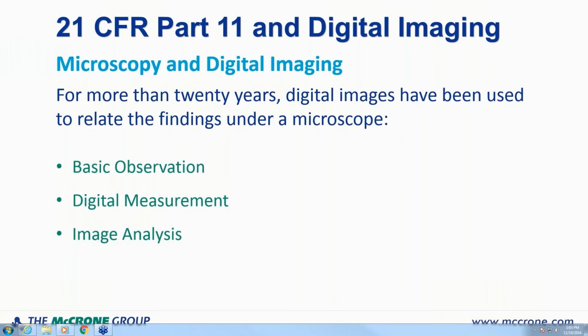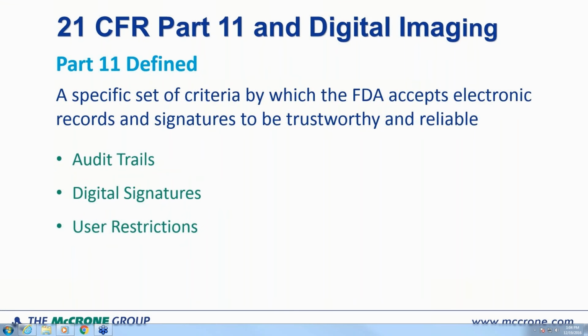Perhaps no lab instrument incorporates the use of electronic records as much as the routine microscope with digital camera. For many years, digital images have been the primary vehicle used to present scientific findings from under the objective lens. It naturally follows that any FDA-regulated procedure requiring a microscope will be subject to Part 11 compliance to secure its corresponding digital images, by which the FDA considers electronic records and signatures to be trustworthy and reliable.